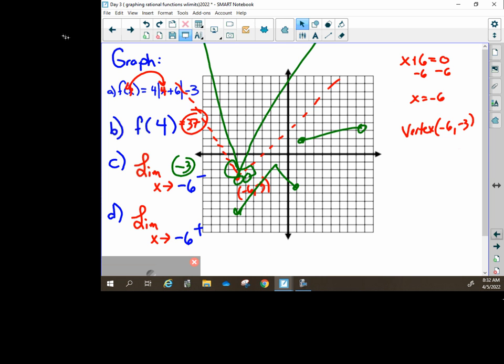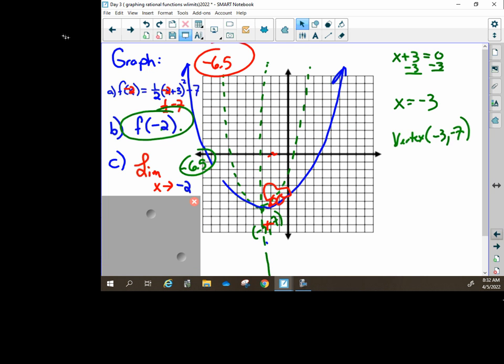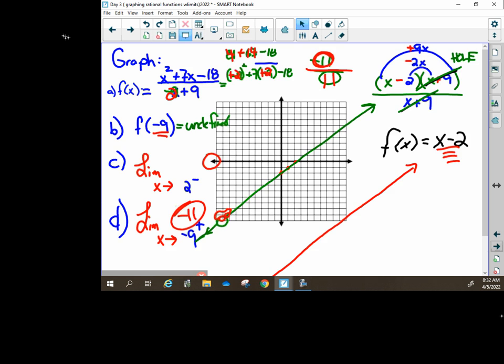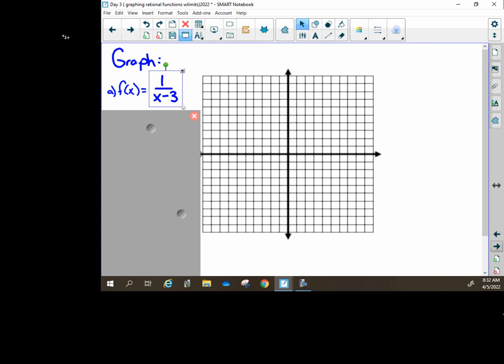Left 6. When I did this one right here, didn't it just shift it? When it was x plus 3, didn't it shift it to the left? So that's what this graph is going to do. It's going to shift it in what direction? You got it? So we're going to shift that.